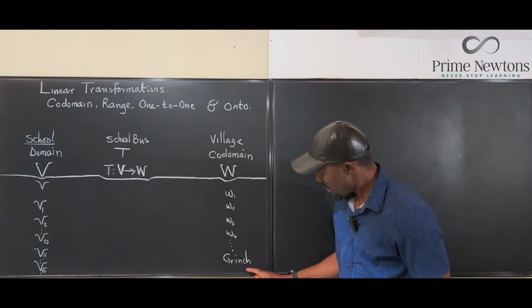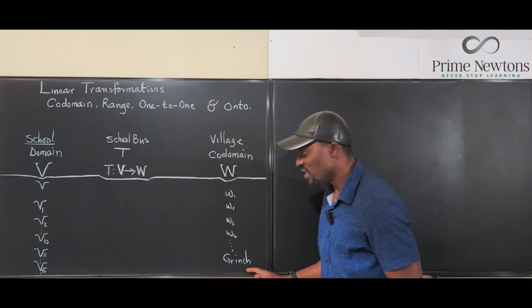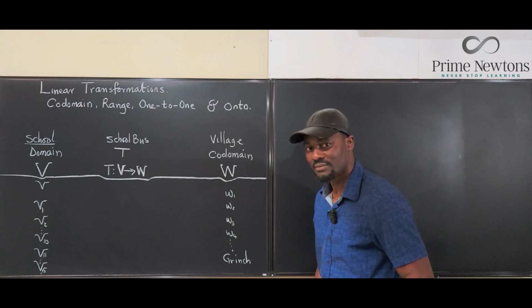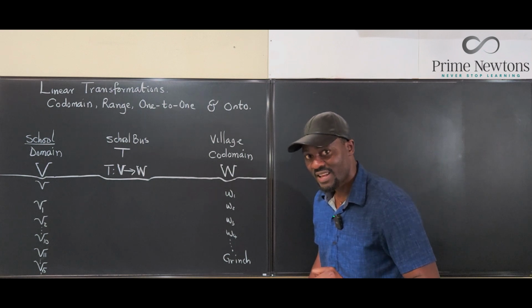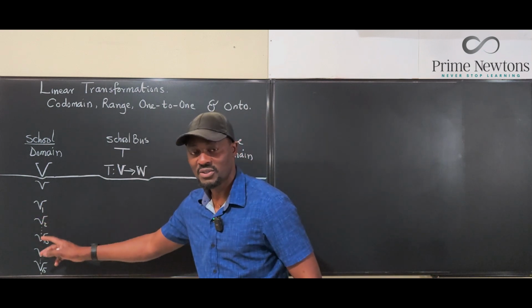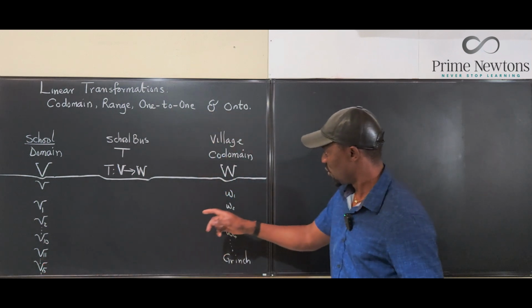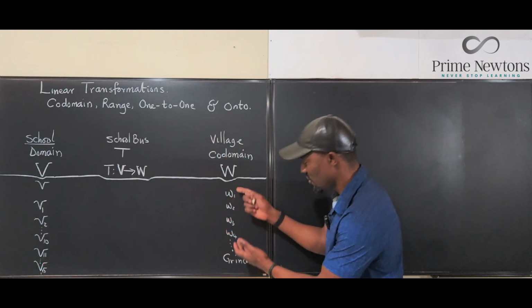Okay. What about this guy, the Grinch? Let's call the Grinch the zero vector. Sometimes the kids that come on the bus, unfortunately, do not have mothers waiting for them. None of these women is their mother.